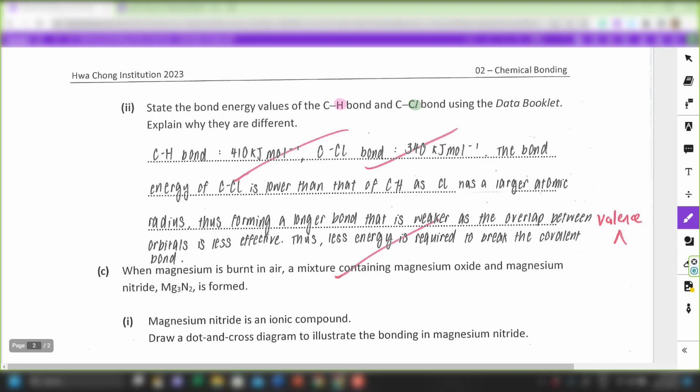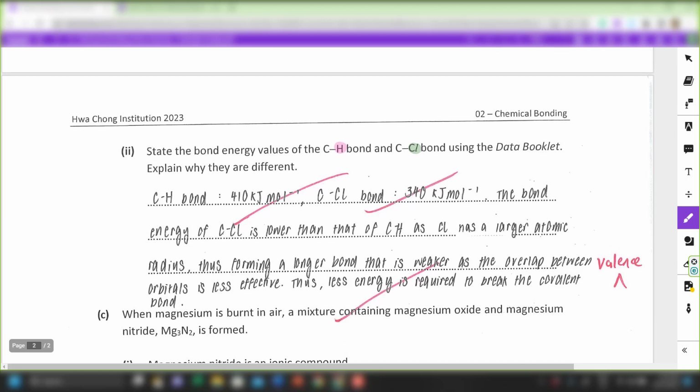Some of you actually ask, why can't I force the carbon and chlorine to be closer? So a simplistic explanation will be simply, if you try to bring carbon and chlorine closer, the inner quantum shell of chlorine will actually repel the carbon away. So there is a sweet spot for bonding to take place, in order for the energy to be minimized.